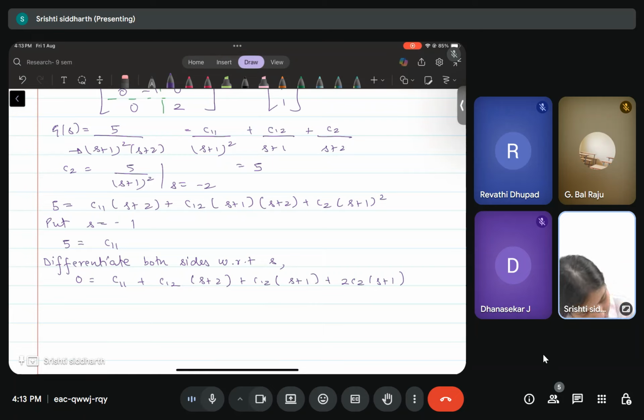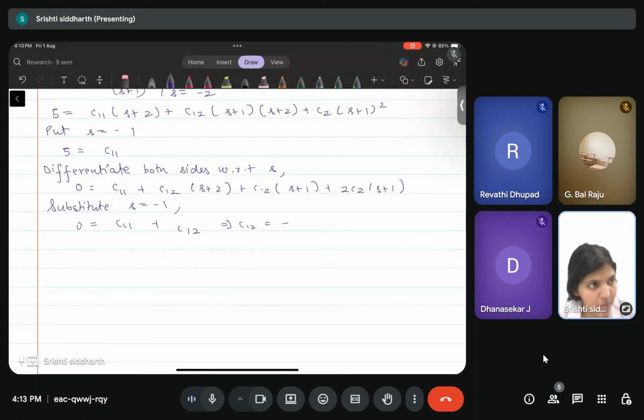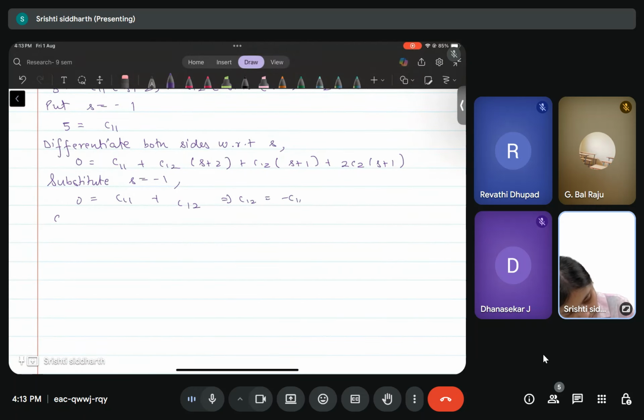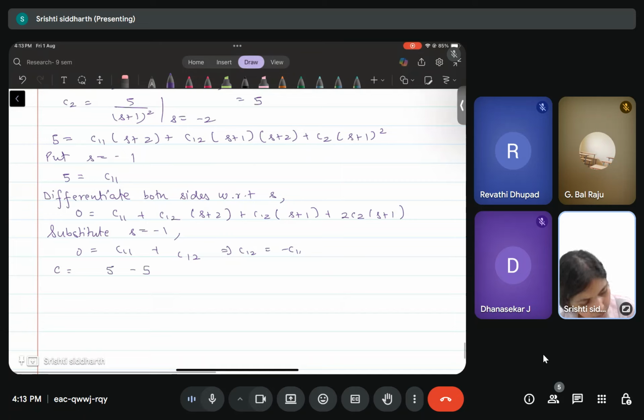Alright, now substitute x equals minus 1 is 0, c11 plus c12, that's it. So this implies c12 equals minus c11. Okay, so C matrix is simply 5 minus 5.